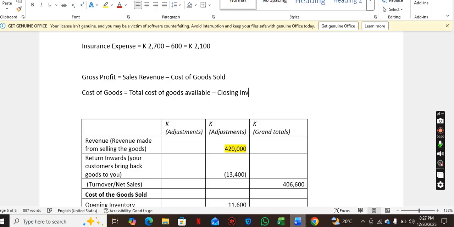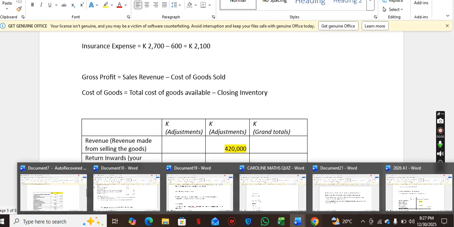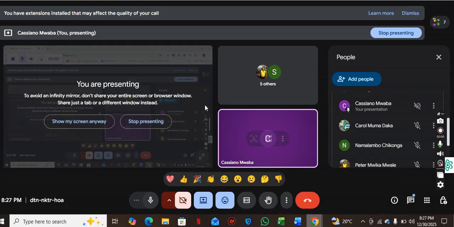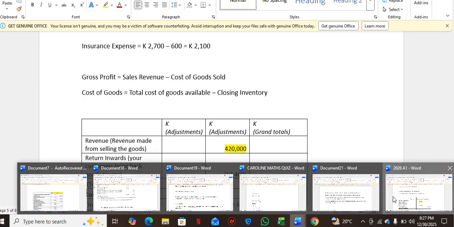Once you get the total cost of all the goods you had available, and you deduct the closing inventory, the goods that have remained, you get the cost of the goods that have been sold. So that's the first thing you want to tabulate.